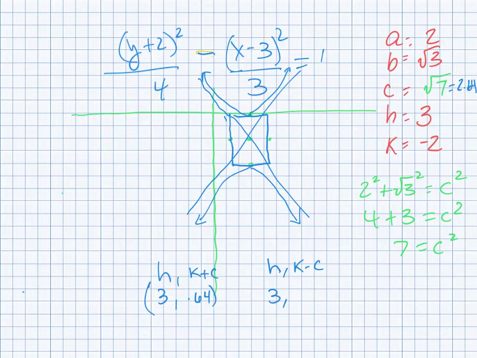And 3 comma negative 2 minus 2.64 is negative 4.64. So when you graph these points, if they're not inside the hyperbola, you know you've got a problem. So we've got 0.64 right about here, and 3, negative 4.64 is right about here. So it looks good to me.